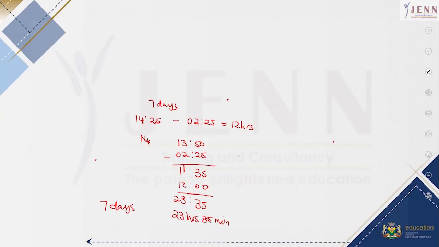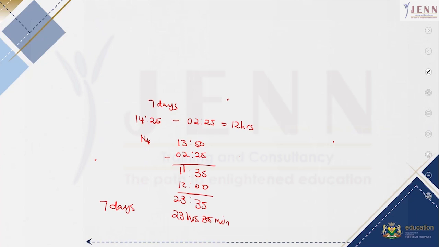If these people left Johannesburg on Saturday at 2 in the afternoon, we would say they took 8 full days, but it was a few minutes before 2.